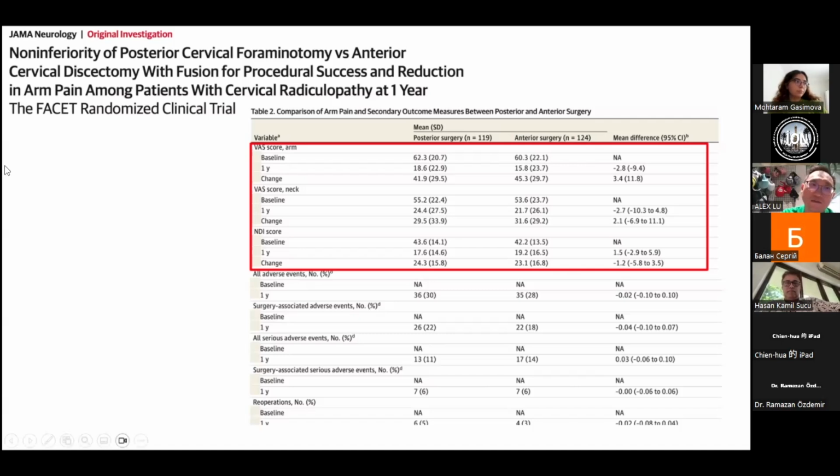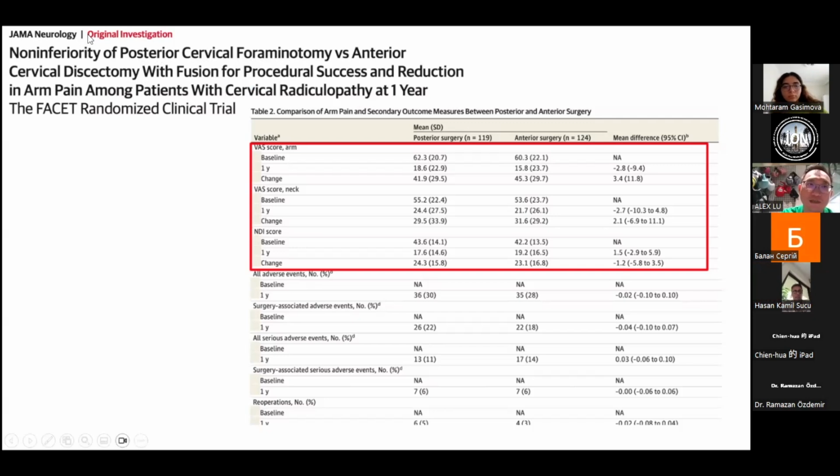So they compared posterior cervical foraminotomy, PCF, to the gold standard ACDF for patients with unilateral cervical radiculopathy and arm pain. Is it as good as ACDF?